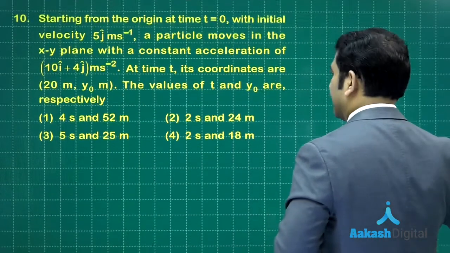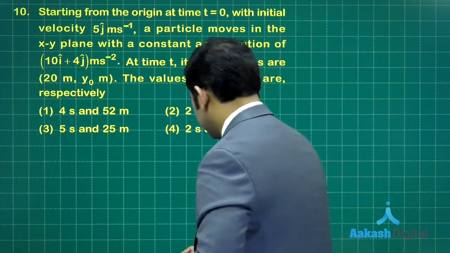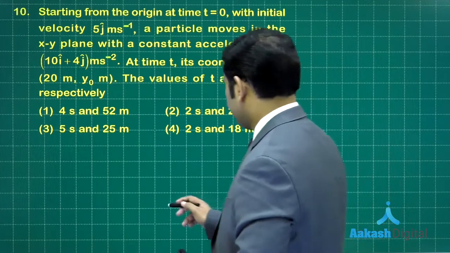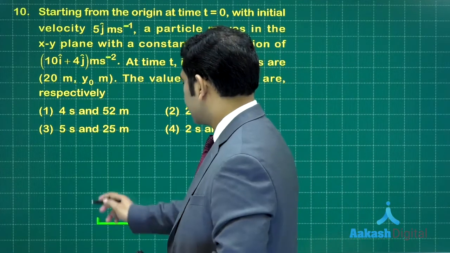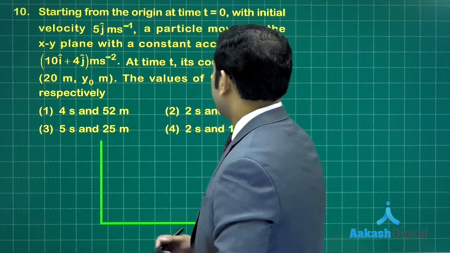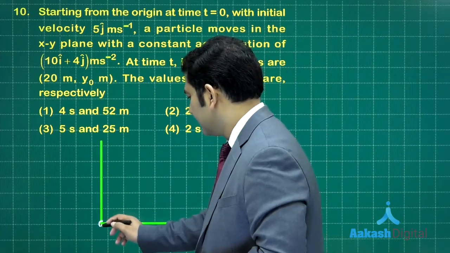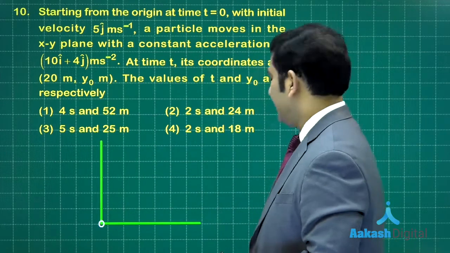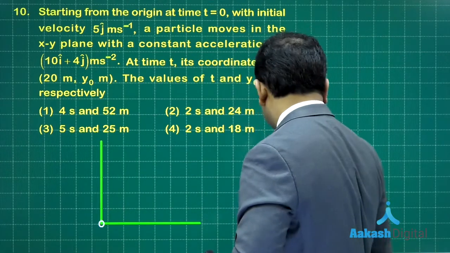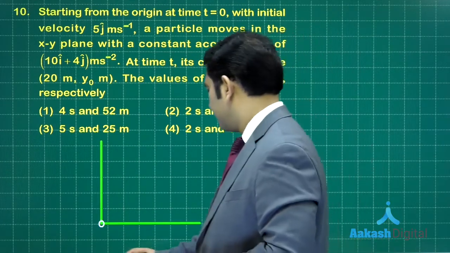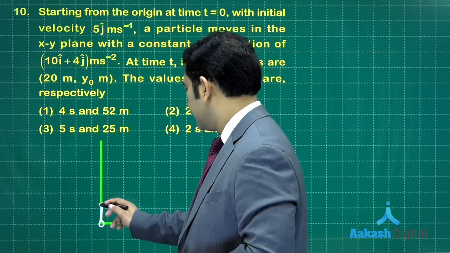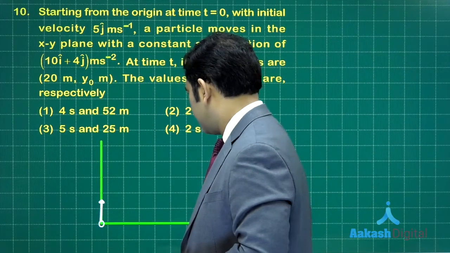So let's first start with a figure, because that's going to give us a nice view. The particle starts from origin. That's fine, it starts from here. And the initial velocity is 5 j cap. So that is going to be the initial velocity.